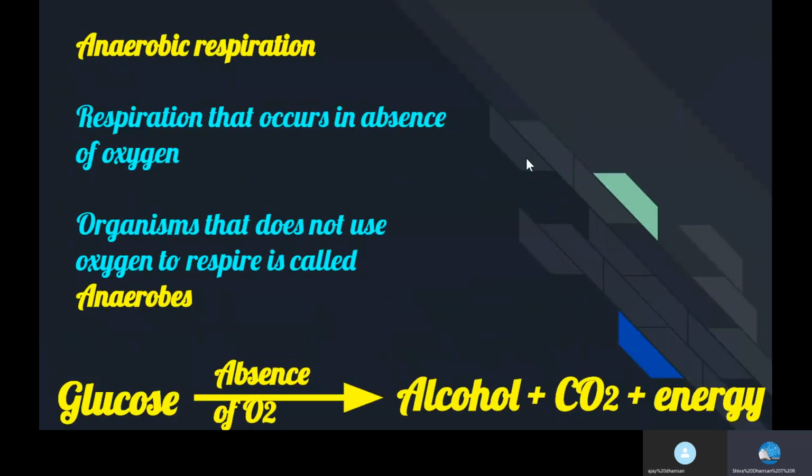And the chemical equation for yeast is glucose in absence of oxygen gives rise to ethyl alcohol plus carbon dioxide plus energy. And even parasitic animals that live in the alimentary canal of humans or several other animals also respire anaerobically.